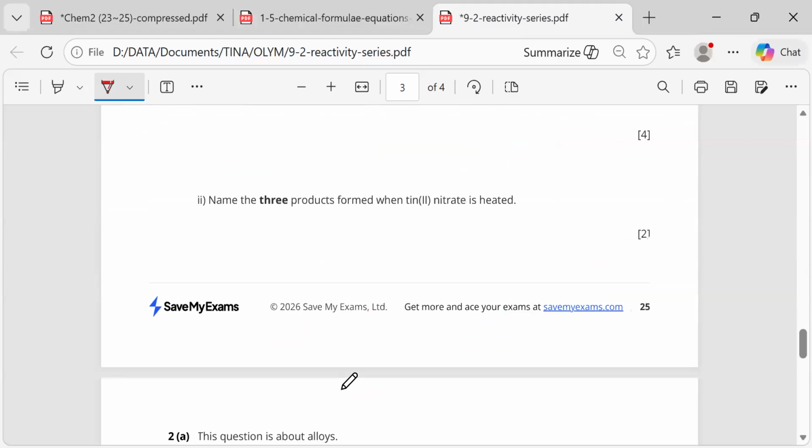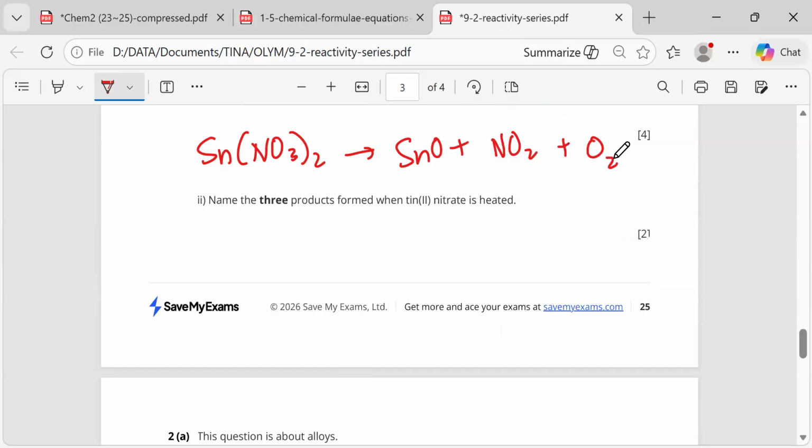Okay, ready? Three products when tin nitrate is heated. This one you don't learn anymore, but I write down the equation. You balance it.